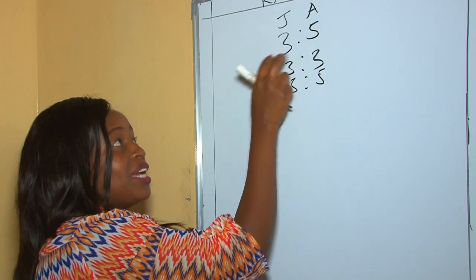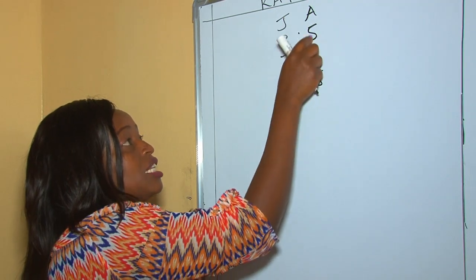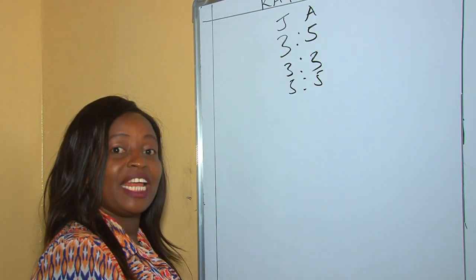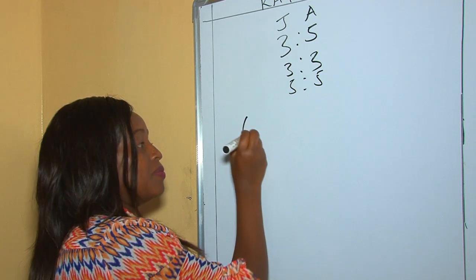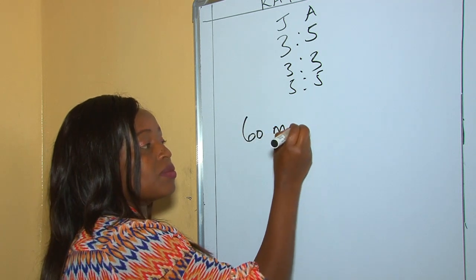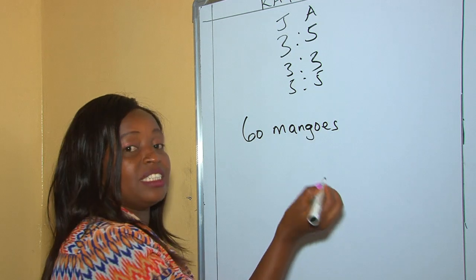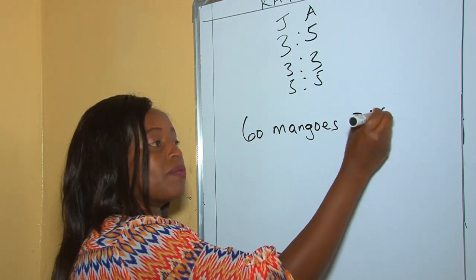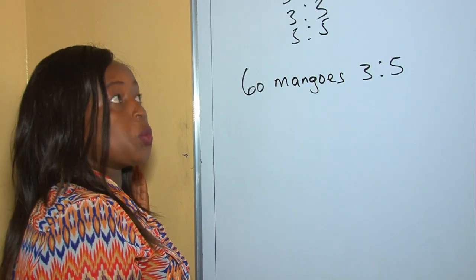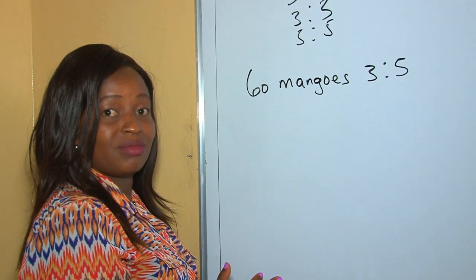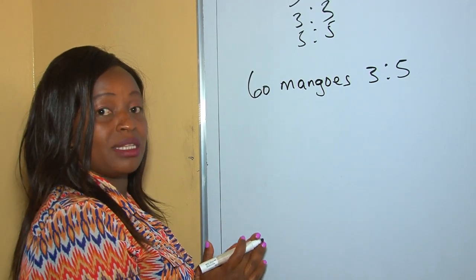Using our example here, Jen gets 3 and Alice 5. Let's say they were sharing a quantity like 60 mangoes in that ratio, 3:5. In our previous lesson, we learned what we call total ratio from the idea of the word parts.